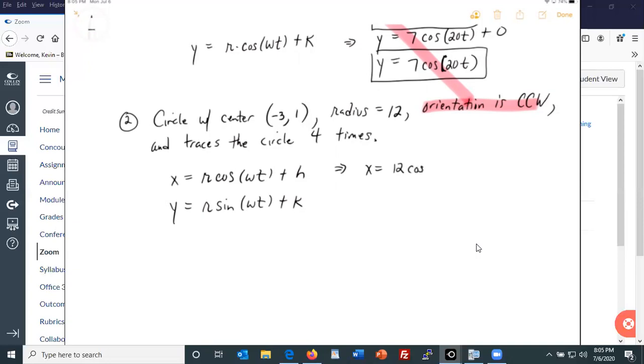Cosine of the number of traces, so it's 4t, don't forget the t, it's not cosine of 4, it's 4t, plus h. Well, h is minus 3 here, so we're going to put a minus 3, not plus 3. And then the y equation would be 12 sine 4t, and the k value there is a positive 1, so we plus 1 to that.